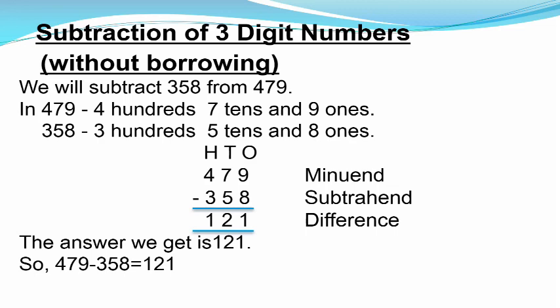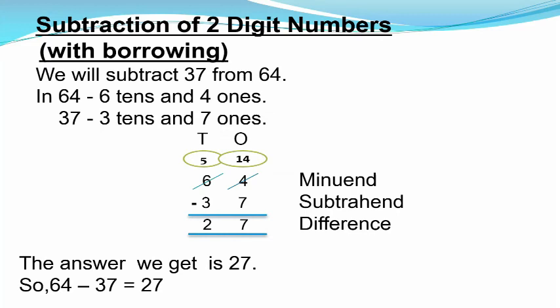So the answer is 121. It means 479 minus 358 is equal to 121.